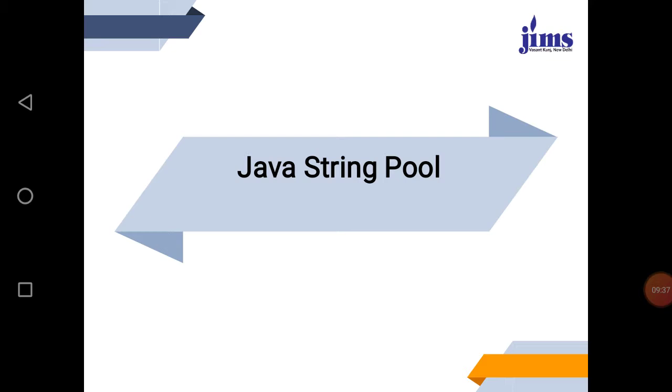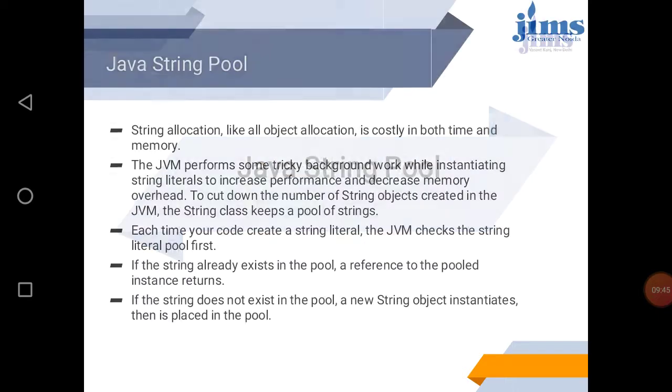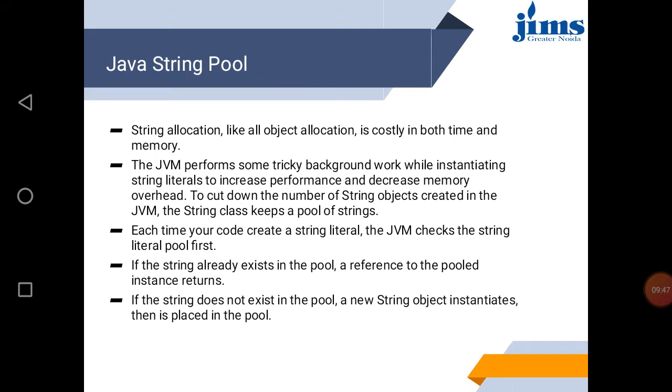Java string pool, it's a very important concept, and this is used to manage or optimize memory. So string allocation, like all object allocation, is costly in both time and memory. When we declare any string or any variable, it occupies some space in memory.